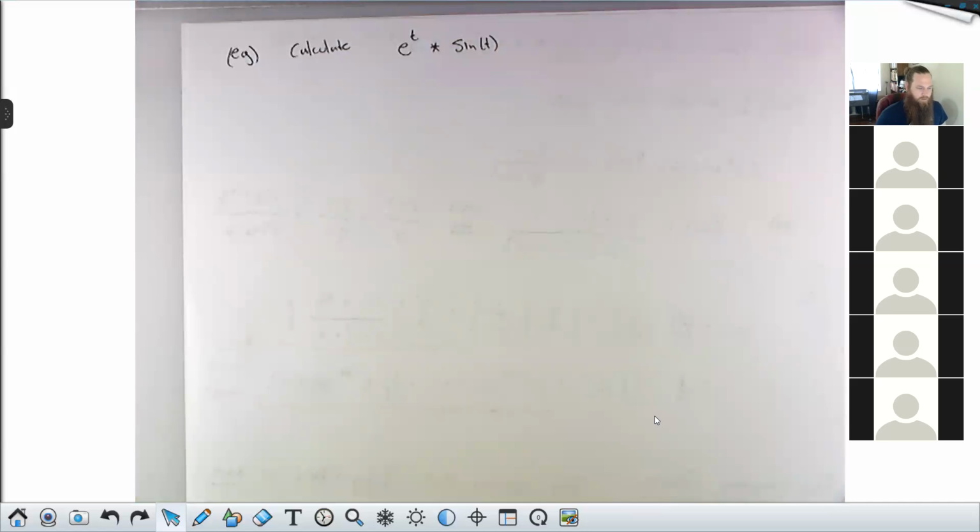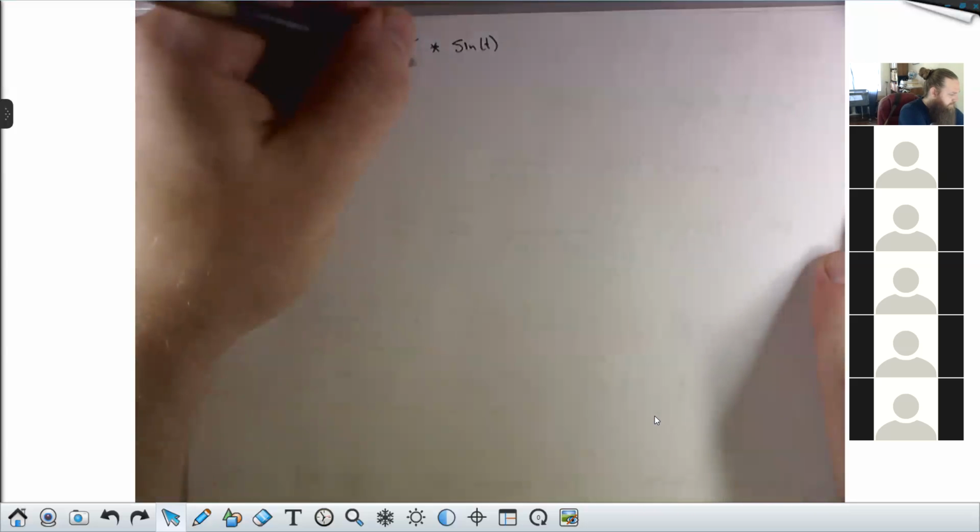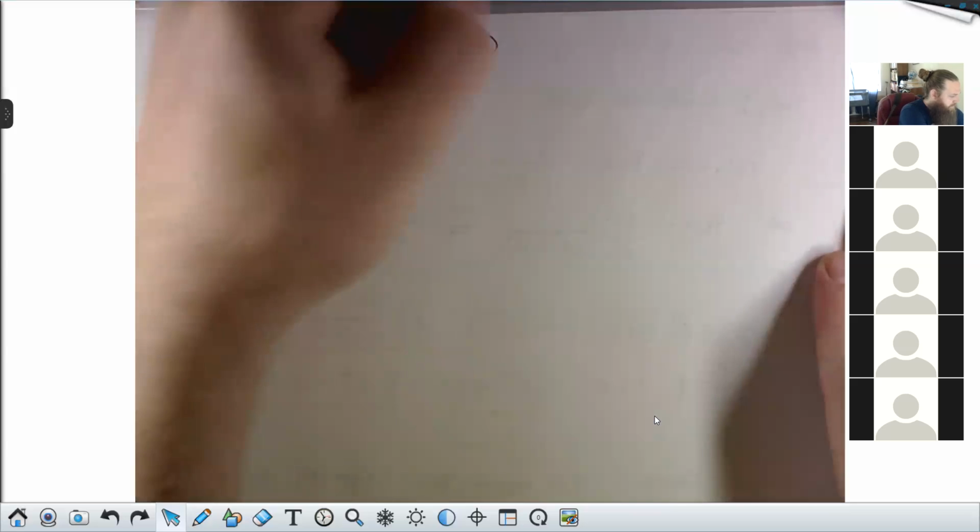Let's find this convolution. e to the t convolved with sine t. So this is like my f. This is like my g.